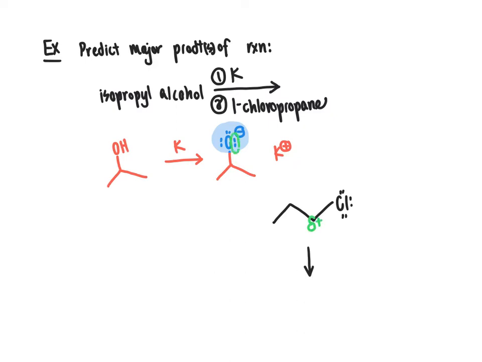So what happens is the oxygen anion comes in, attacks this carbon that's bonded to the leaving group as the leaving group breaks away like so, and that's going to give us our product of this reaction, that is the ether product.